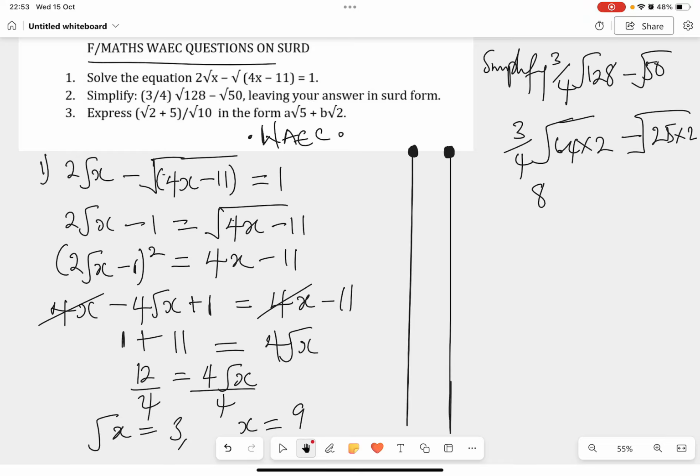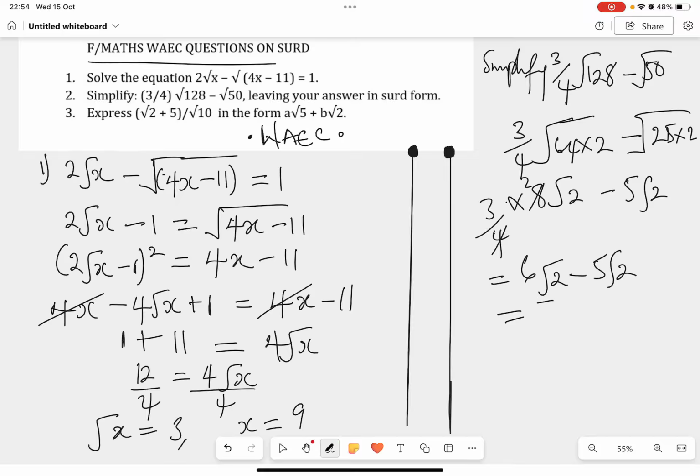My 8 will come out from there, so 8 root 2 minus 5 root 2, times 3 over 4. That's nice. When this cancels, I have 2. I have 6 root 2 minus 5 root 2, which will give me 1 root 2, which is just root 2. So that'll be all for this video.